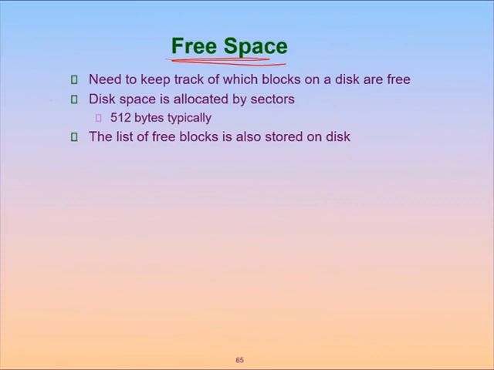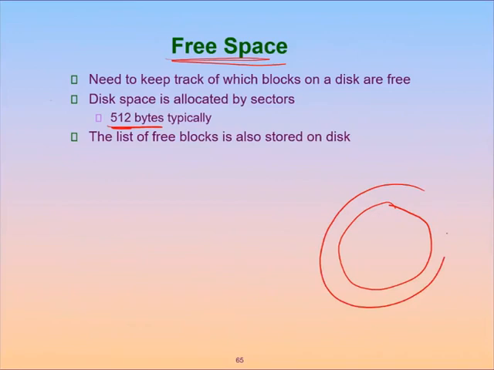Let's assume that the disk space is allocated by sectors, and each sector is of 512 bytes. So our disk is nothing but a collection of sectors, and each sector is of 512 bytes. Somehow we have to find which sectors are free.